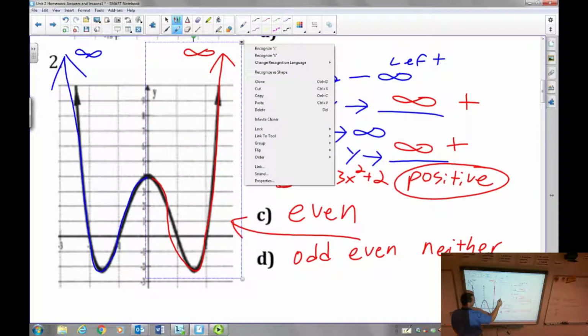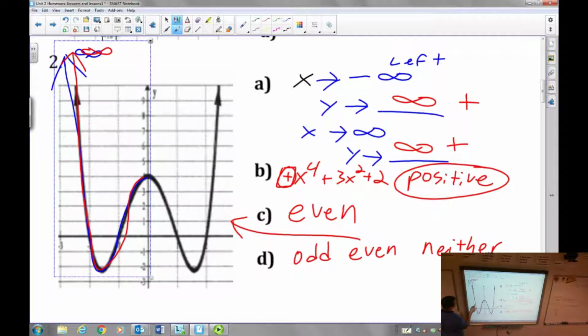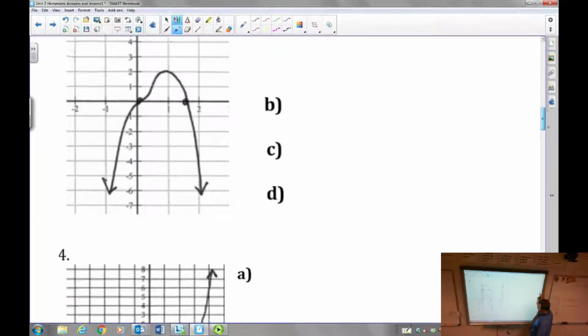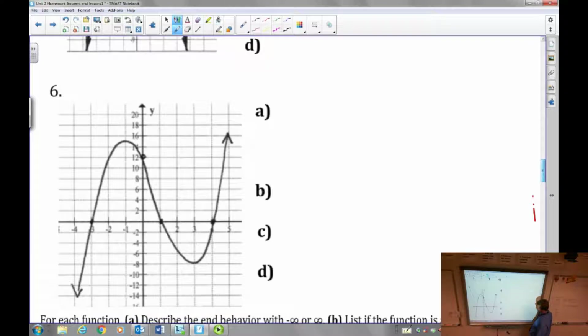We're going to flip it to the left. Boom! Is it reflective? Look at that. The right matches up reflectively with the left. So we are going to say it's an even function. Odd would be rotating it. Maybe we could look at an odd function. Not sure if we have one actually. That looks like it could be odd.